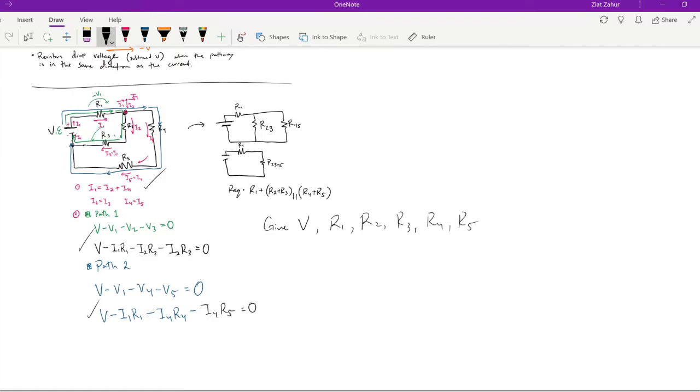Okay, so given the resistors, you should be able to find V1, V2, dot, dot, dot, V5, and you should be able to find I1 through I5.